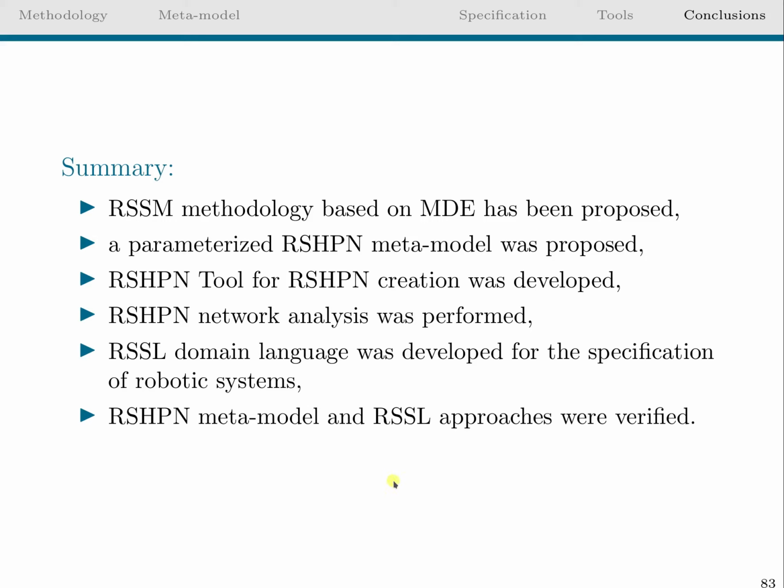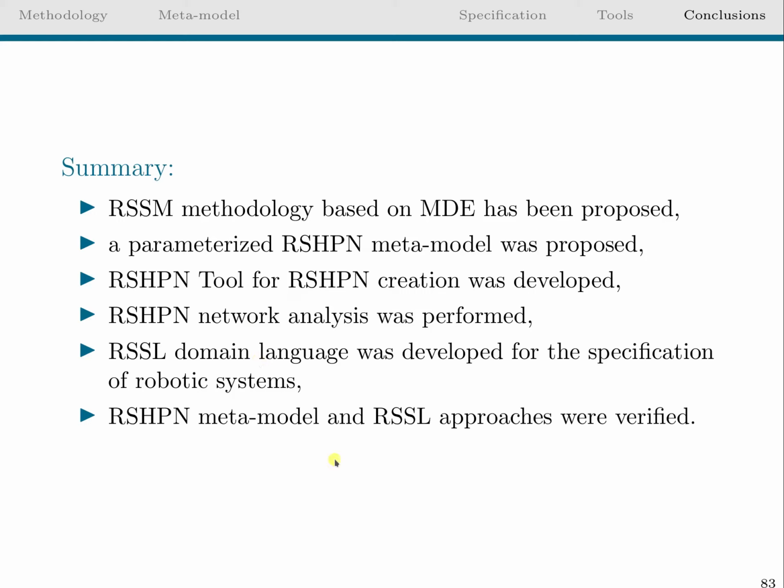To sum up, we defined the robotic system specification methodology based on a model-driven engineering approach. We introduced a parameterized robotic system hierarchical Petri net meta model and appropriate tools, both the tool for Petri nets and the domain-specific language. We verified everything on different experiments, and we provided guidelines on how to define those parameters based on the requirements.